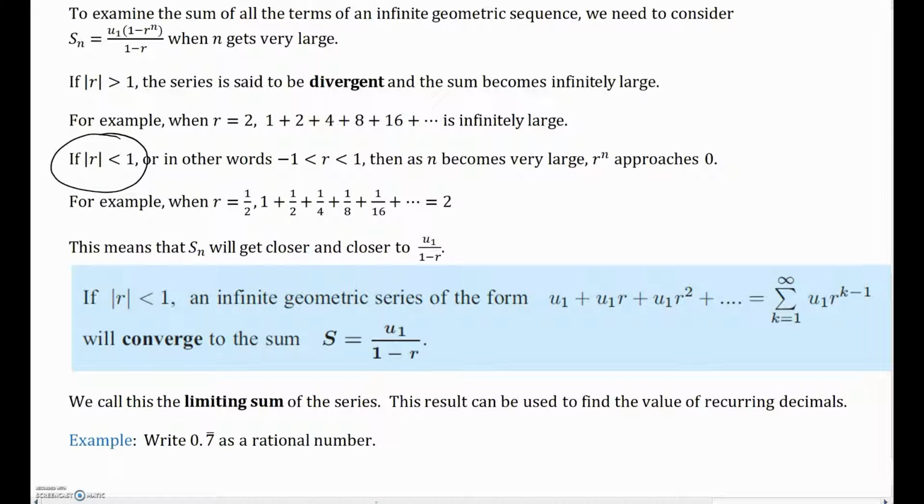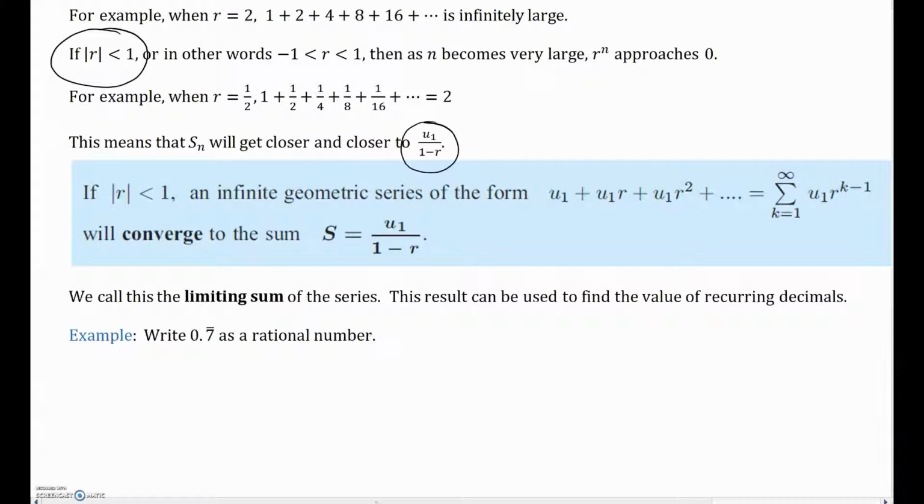Again, if the r value of a geometric series is greater than 1, it is said to be divergent, and you cannot add up that number because it just gets too darn big. However, if your r value is less than 1, it is said to be convergent, which I should have written, and it can actually be summed up by this. That turns out to be very helpful in many different things when we get into calculus, but it's very helpful right now for writing a number as a fraction.